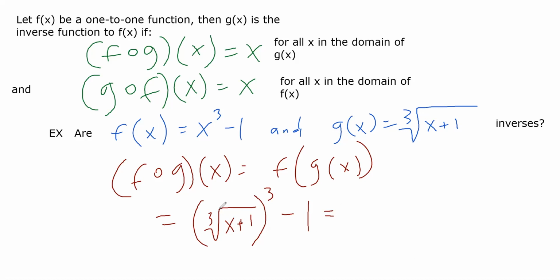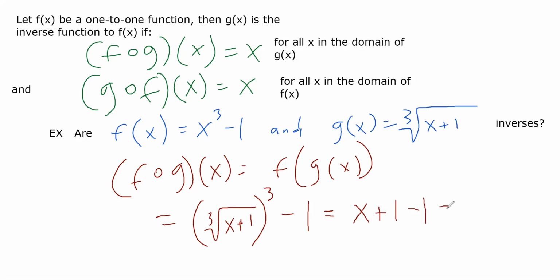We took this here and we plugged it into x from the f of x. Now you'll notice the cube root here is then being cubed. Those are actually opposite operations of each other. Cube rooting something and cubing something, they undo each other's effects. So all we're left with is what was inside that, x plus 1. And then we had this minus 1 out here.